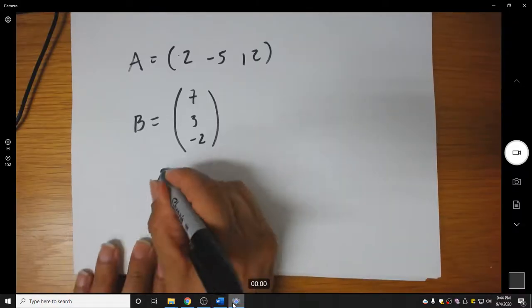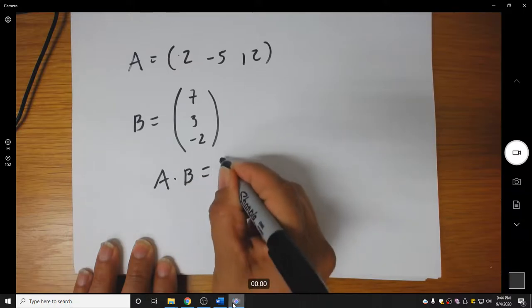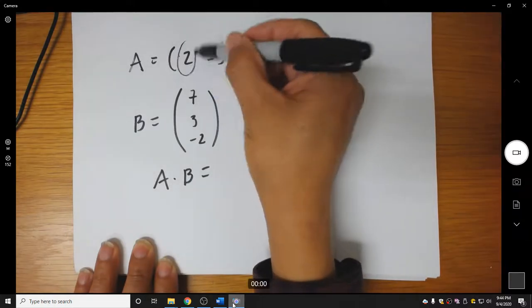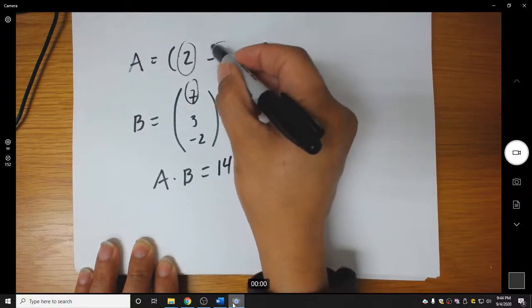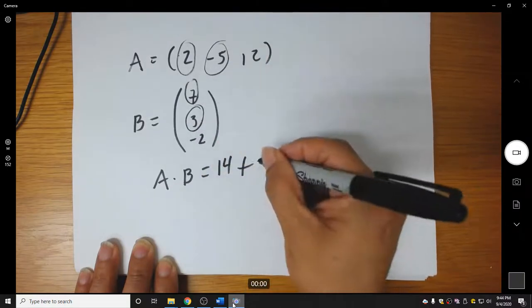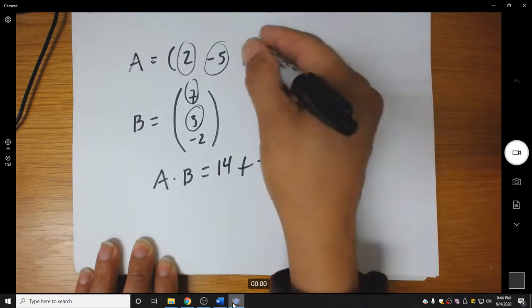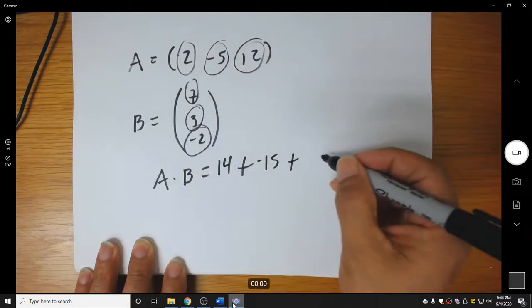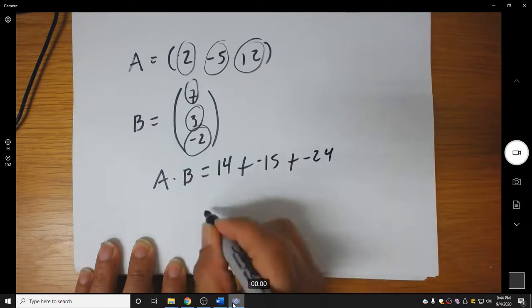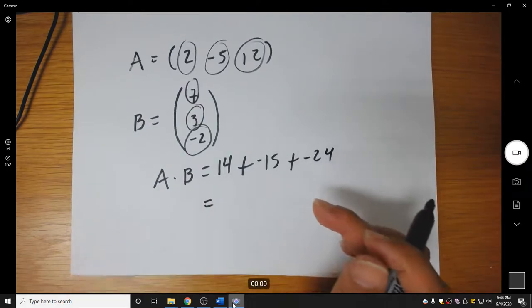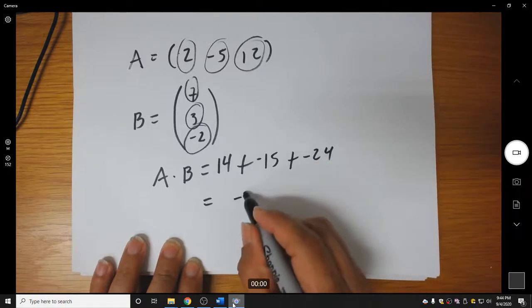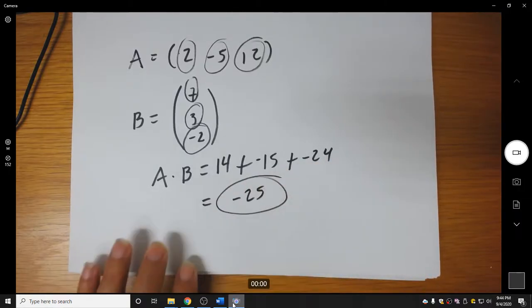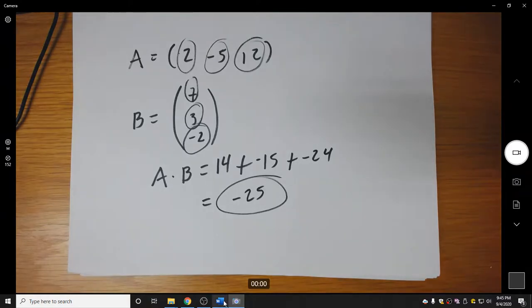So I want A dot B. Okay, so 2 times 7, which is 14, plus -5 times 3, which is -15, plus 12 times -2, which is -24. From left to right, 14 minus 15 is -1. -1 minus 24 is -25. Okay, and we know that's the answer because it was written in the notes.